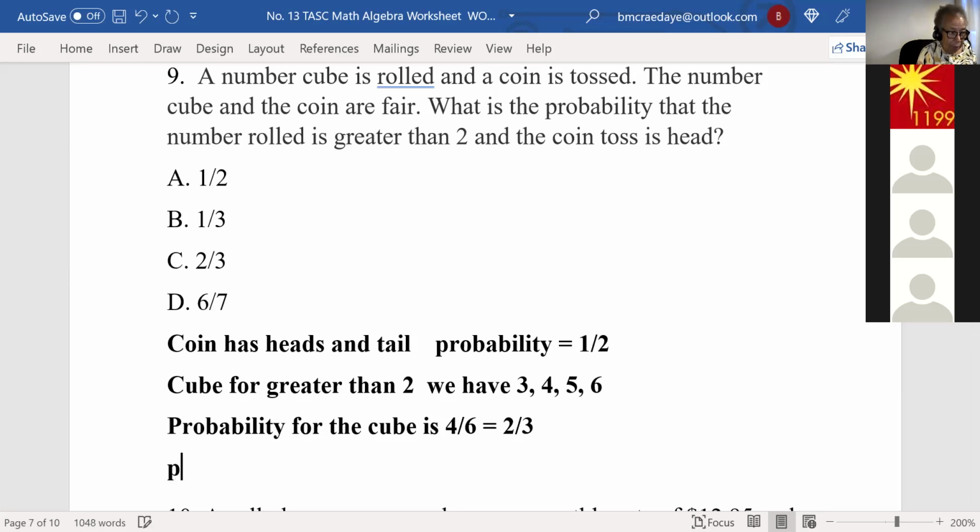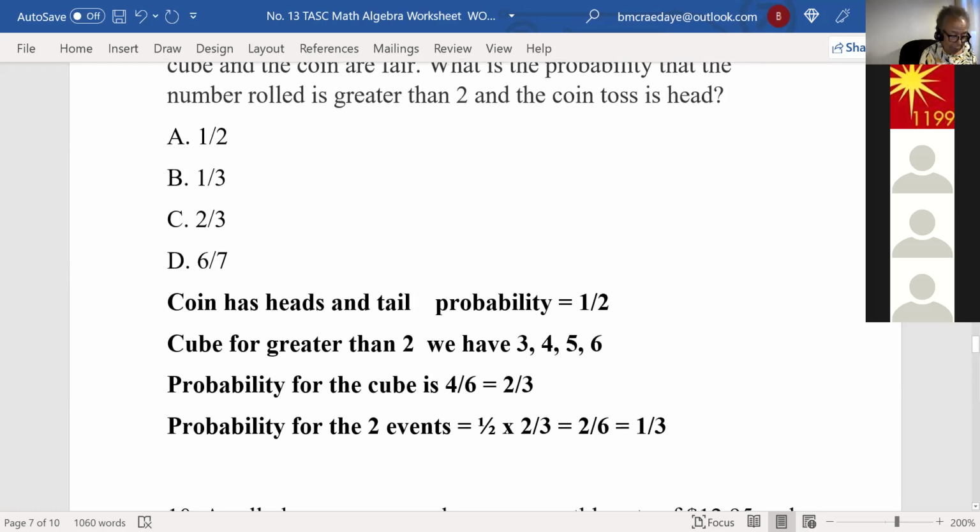So the probability for the two events would be the product of these two events. So it would be 1/2 times 2/3. What's that equal to? That's equal to 2/6. That's equal to 1/3. So what's the answer? B. Yeah, answer is B.